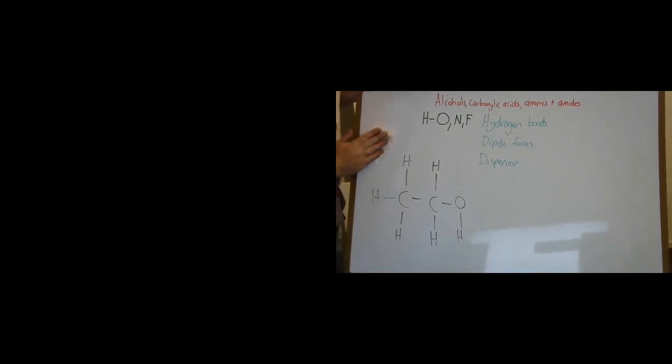So, amines and amides also have hydrogen bonding, but it's due to the nitrogen. It's exactly the same idea, that they have higher intermolecular forces than the hydrocarbons. So there's one exception to this rule, and it's the carboxylic acids.